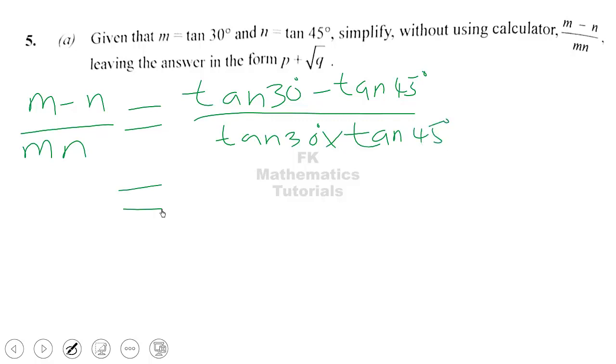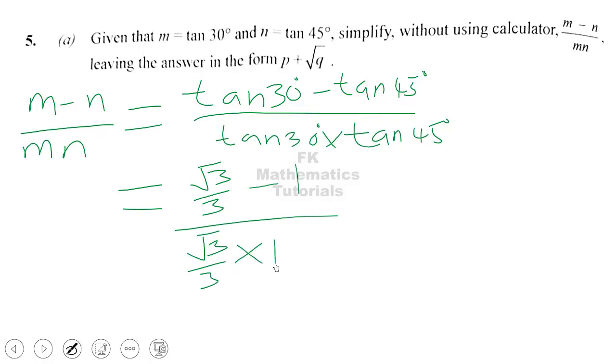And tan 30 will give you root 3 over 3, minus tan 45, which is 1, all over root 3 over 3 times 1.